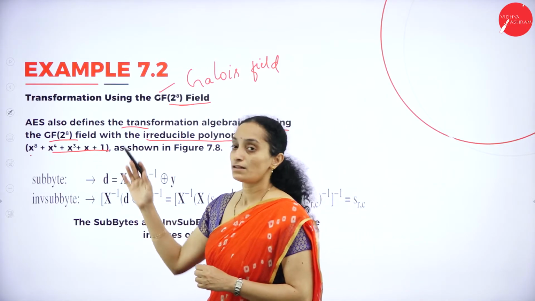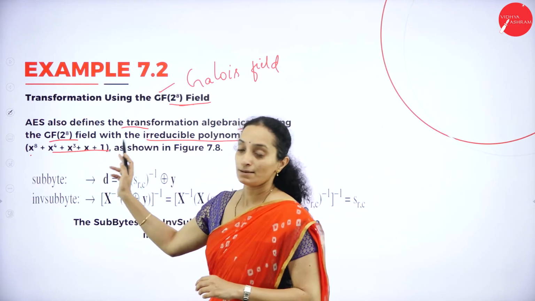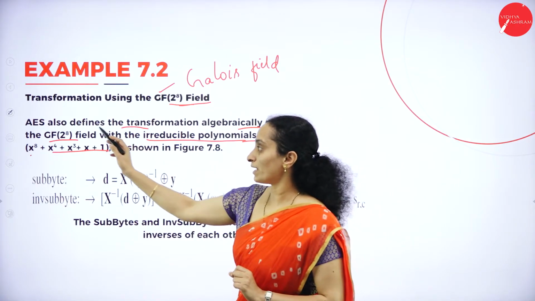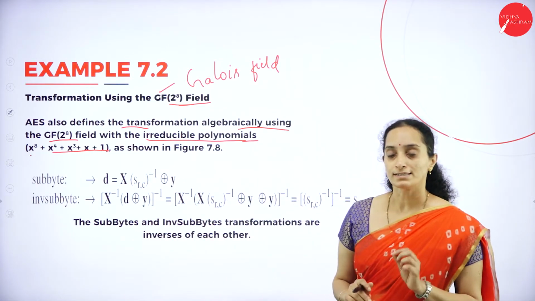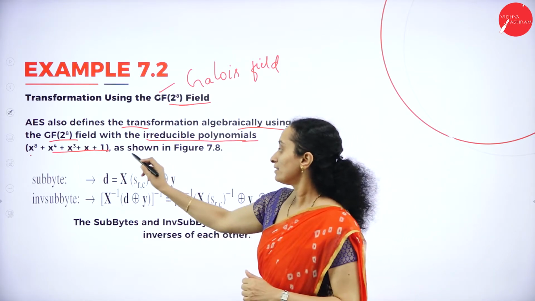Next comes not x to the power of 2, instead it will be x plus 1. We use the irreducible polynomial to define the transformation in the Advanced Encryption Standard.